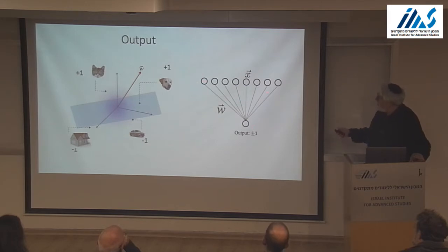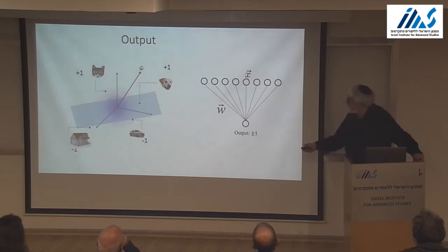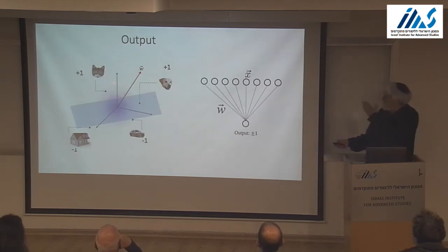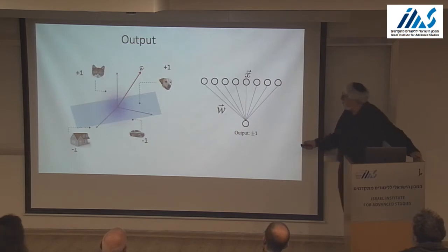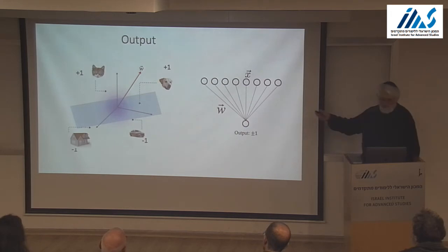This will be the input of this population of neurons to an output unit, and that output unit is connected with certain synaptic weights called W. If you put W back into this state space, you can see that this W, if it's appropriately learned, will classify those inputs as plus because they have a positive projection on this W, and these stimuli have negative projections, so they will be classified as minus. You can think about it geometrically as drawing a hyperplane in this state space, and every population vector above the hyperplane will be classified by this particular output as plus and others as minus.